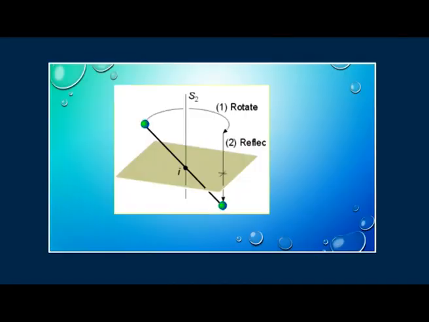A 180 degree rotation and then reflection gives the same result as a 0 or 360 degree rotation after the inversion. That is, the green ball is first rotated through 180 degrees and then reflected, which gives the same effect when it is rotated through 0 or 360 degrees and then inverted.